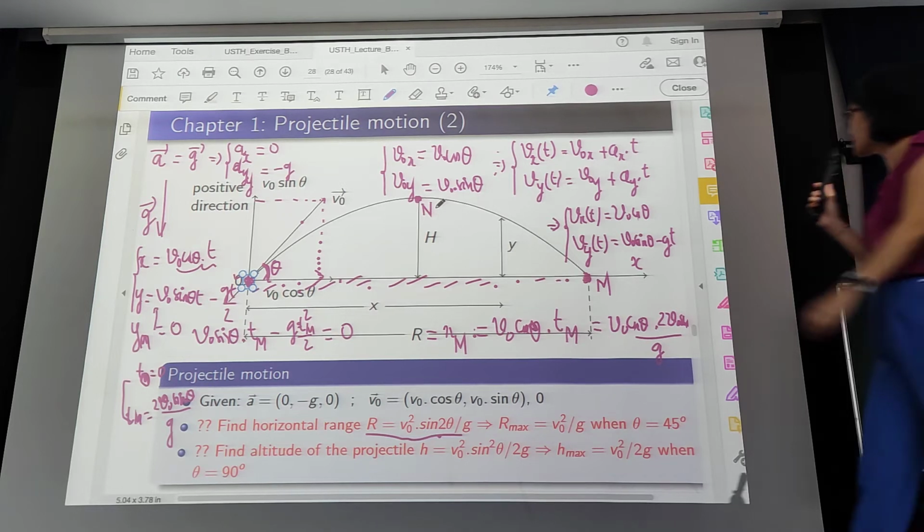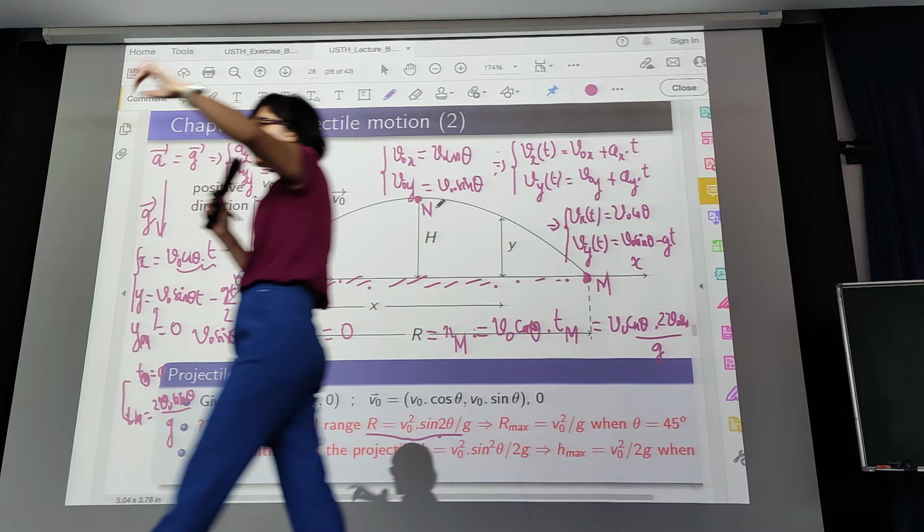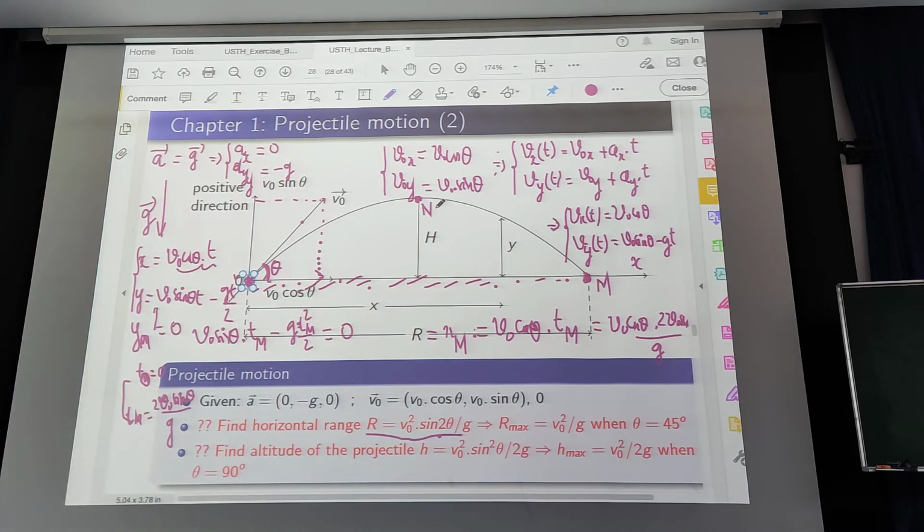Who can suggest the way to determine it? At the end point, the velocity V is horizontal because it's a tangent, so Vy is equal to? Very good. And then you base on this to calculate the time.